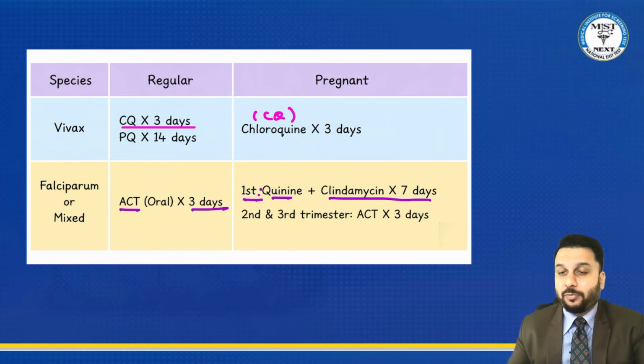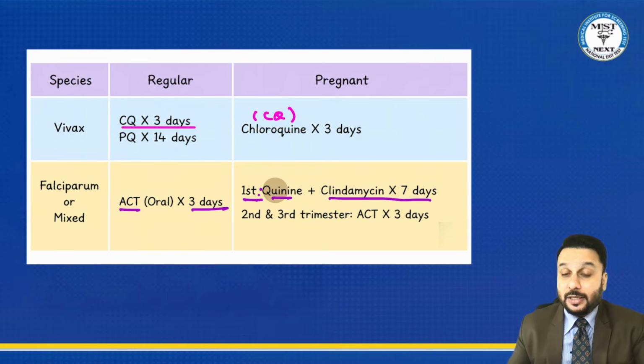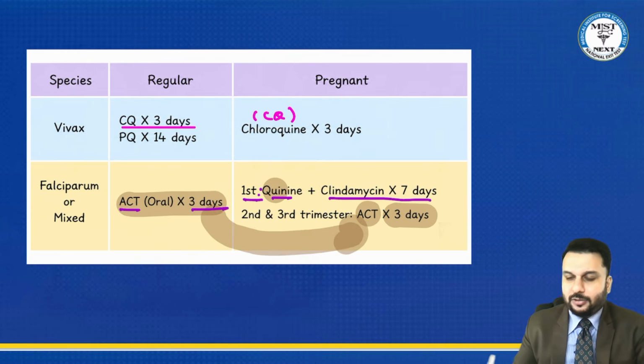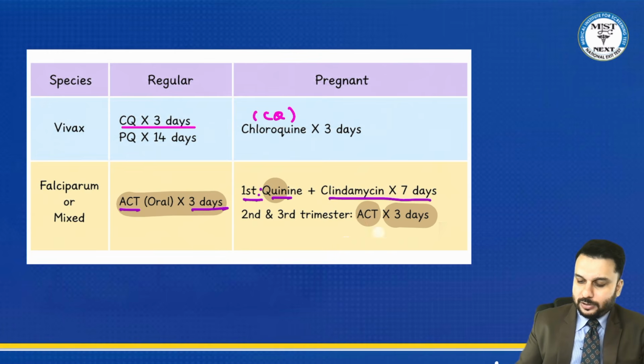What drugs? Quinine plus clindamycin. First trimester, you're treated like a queen. Okay. Second and third trimester, you can go back to drugs like ACT for 3 days. Meaning the same thing you can give in the second and third trimester, but not in the first trimester. Okay. So that's about this.